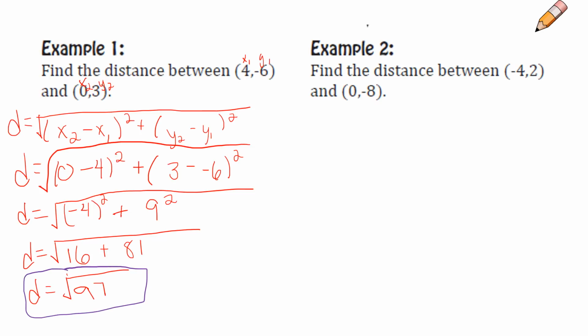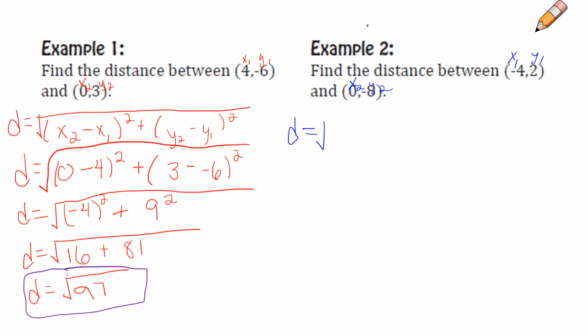So let's look at our number 2. I'm not going to rewrite the distance formula. We're just going to plug in numbers right away. Remember that our first ordered pair is x1, y1, and the second one is x2, y2.